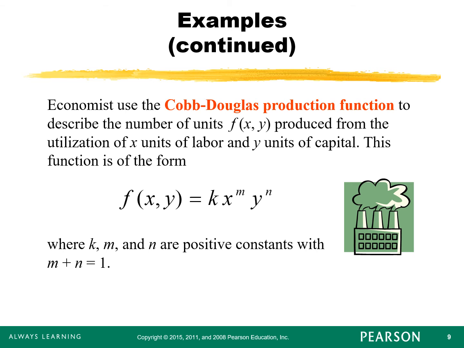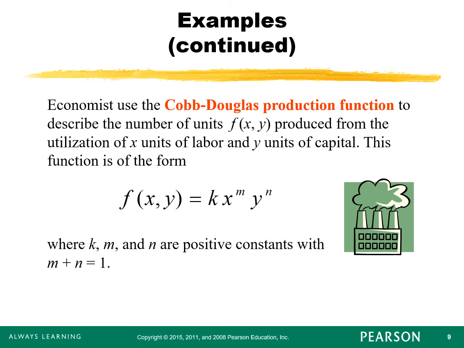So we are going to learn the Cobb-Douglas production function, which economists mostly use to describe the number of units produced from the utilization of x units of labor and y units of capital. This function is of the form f(x, y) equal to k times x to the m times y to the n.